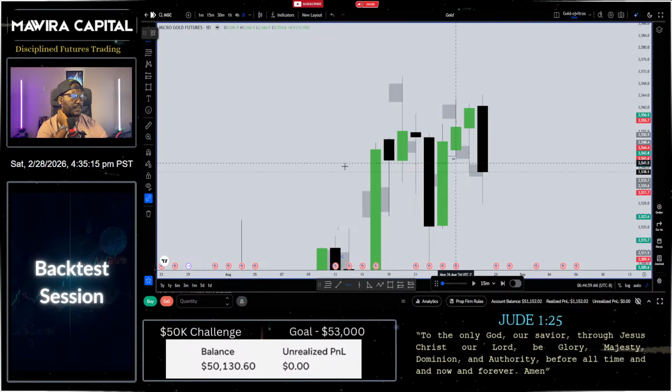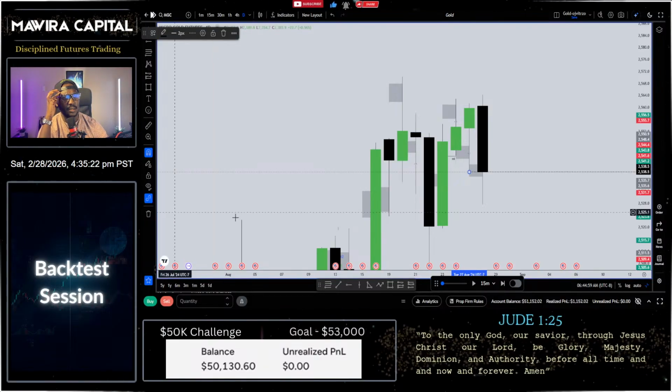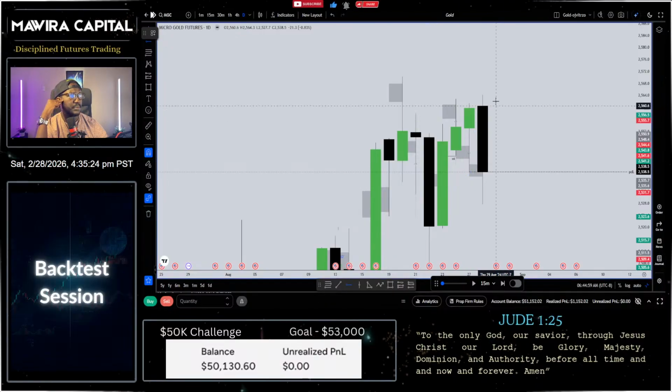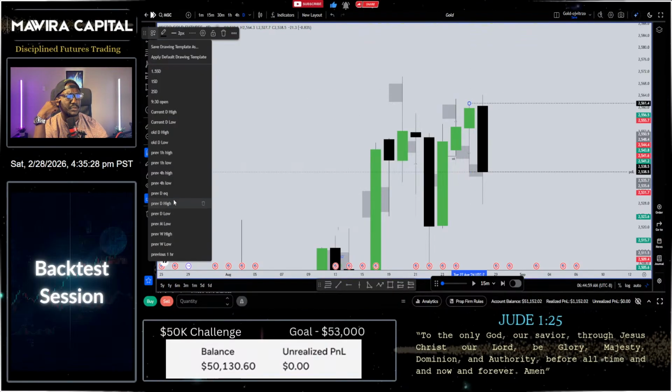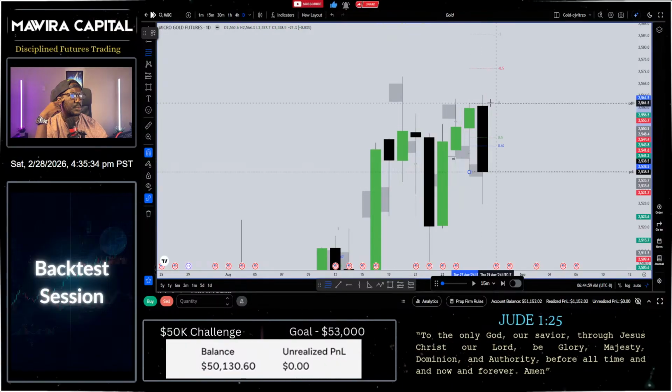Okay, right here. So that's the current day, the previous day low, previous day high right there. Previous day high and a half point between those two.